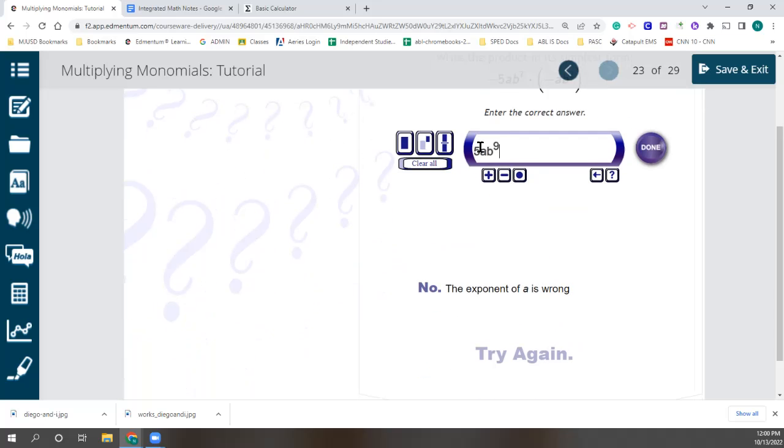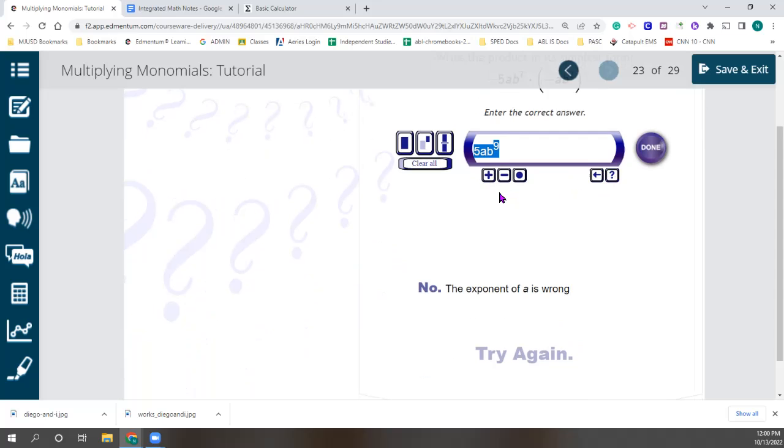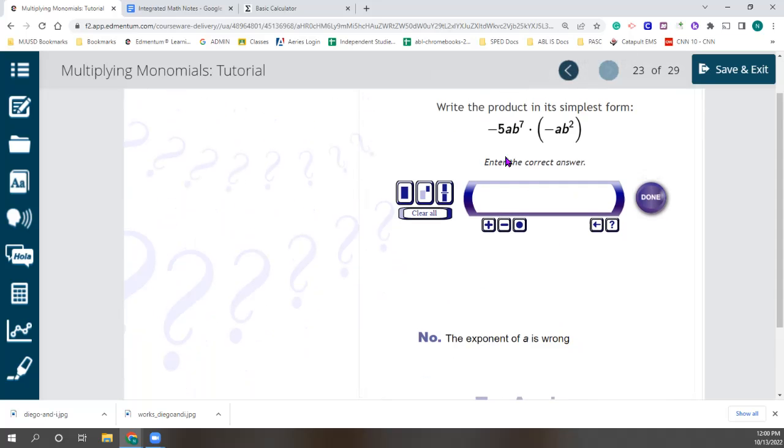Okay. I'm confused. I don't understand. I wonder if I can put help. That doesn't help. Okay. Clear. Let's try it again. So on my paper, I have negative 5AB to the 7th multiplied by negative AB squared. I'm going to break down the coefficients again.